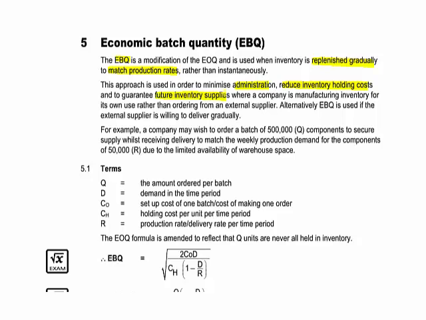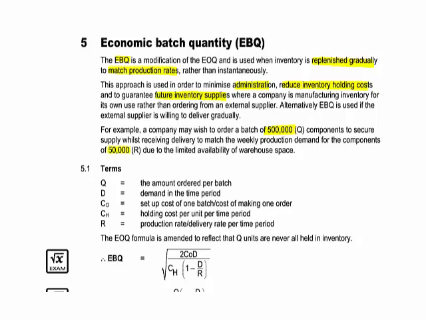We can also use EBQ if the supplier is willing to deliver gradually. So what we've got then is a company perhaps wishing to order 500,000 components to secure supply whilst receiving delivery to match the weekly production of demand for the components of only 5,000, because we've got limited space in the warehouse.